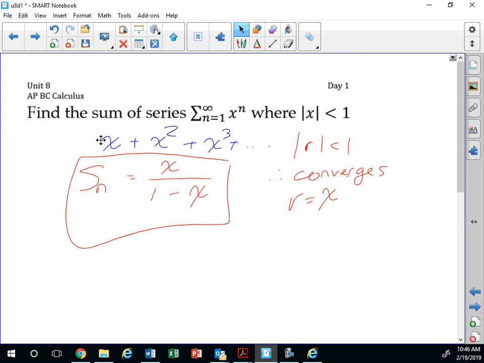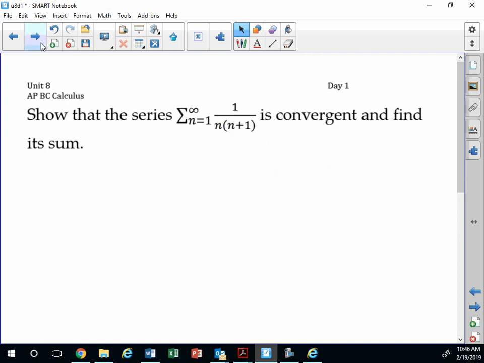All right, ladies and gentlemen, ready for the next one? Where is my mouse? There you are. Show that this series is convergent and find its sum. Go.